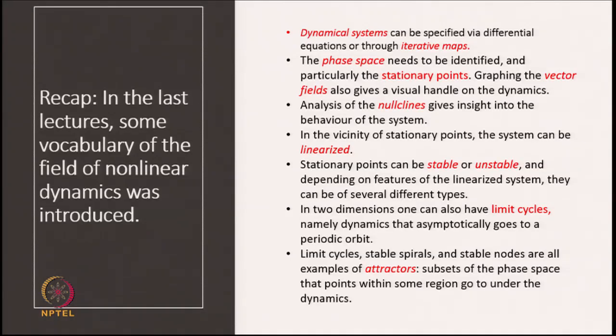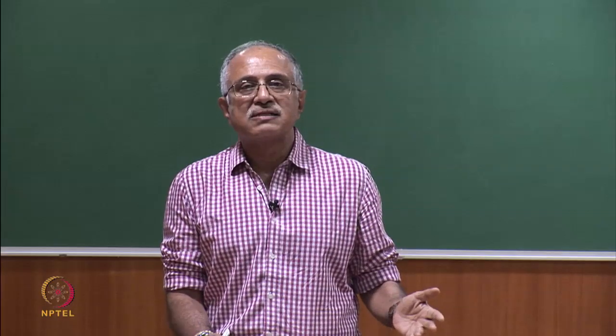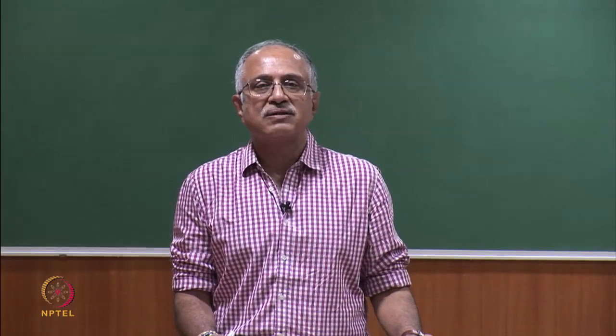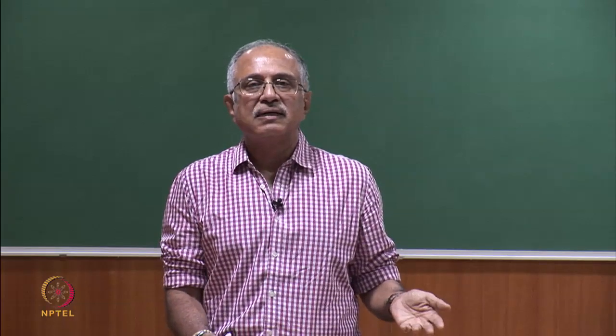Analysis of the linearized equations of motion helps us to decide whether the stationary points are stable or unstable, because they depend essentially on the eigenvalues of the matrix that corresponds to the linearized system at the fixed point. So, once you've linearized the system and looked at the stationary points, you can figure out that they are of various kinds.